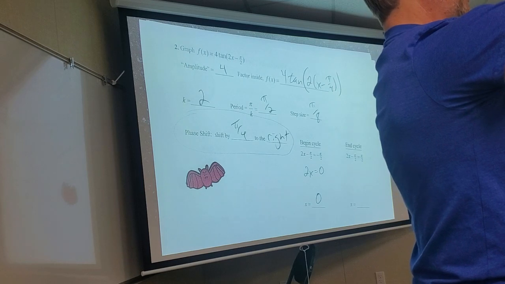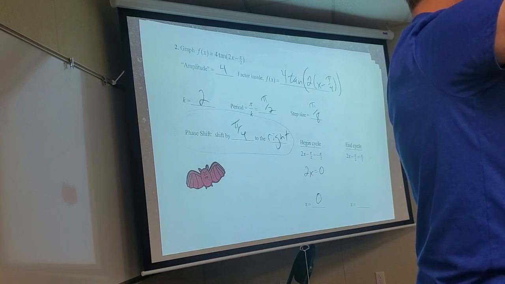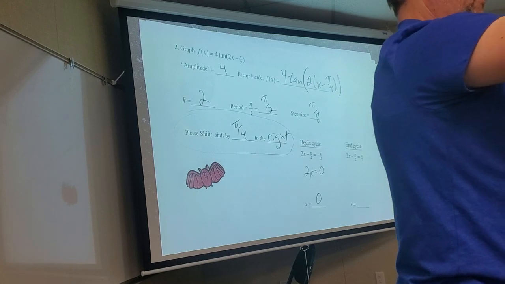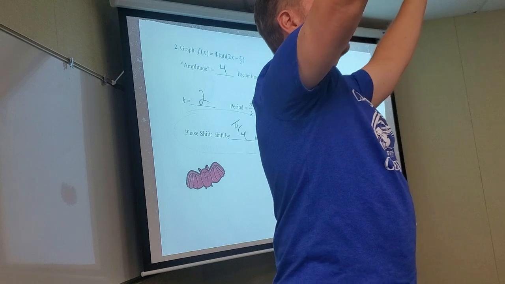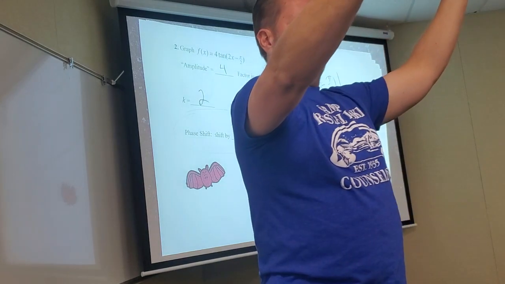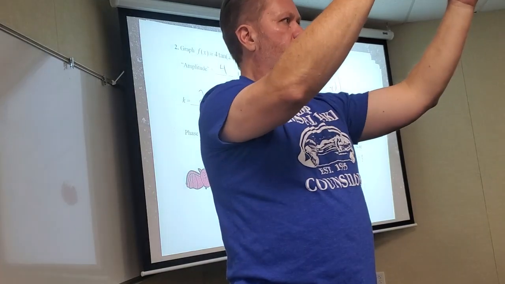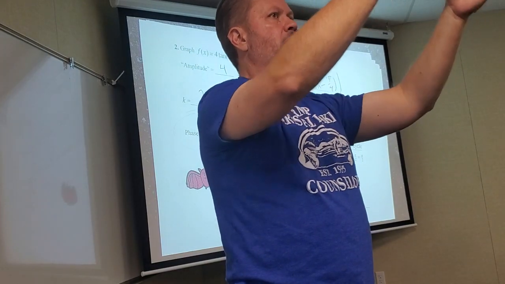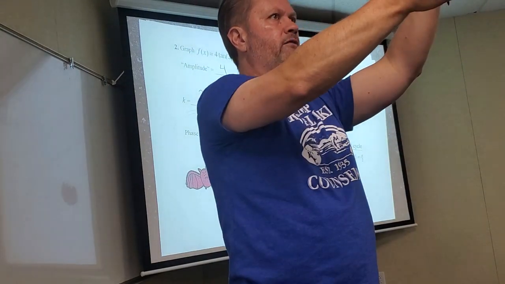So didn't I chop everything in half? Didn't I smush this thing? Normally it goes from negative pi over 2 to pi over 2. This got compressed by a factor of 2. So now, before I do anything else, if I just do the compression, it's from negative pi over 4 to pi over 4.